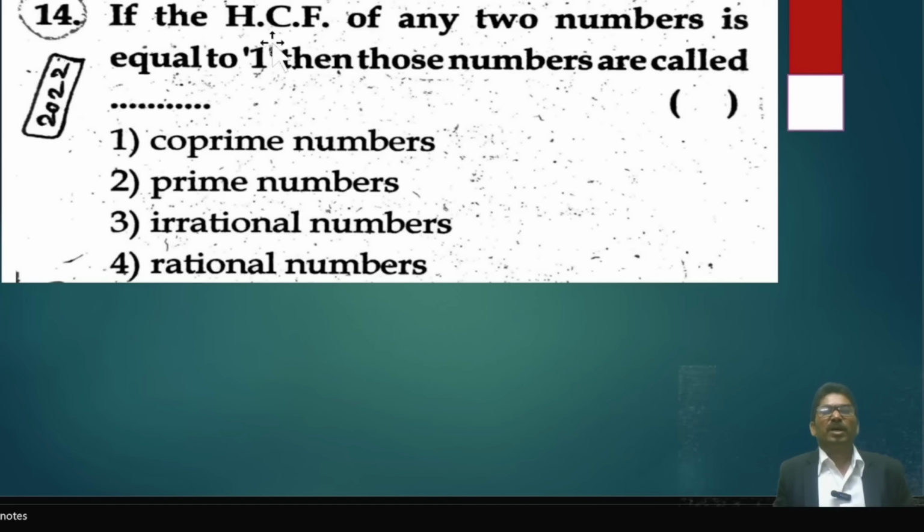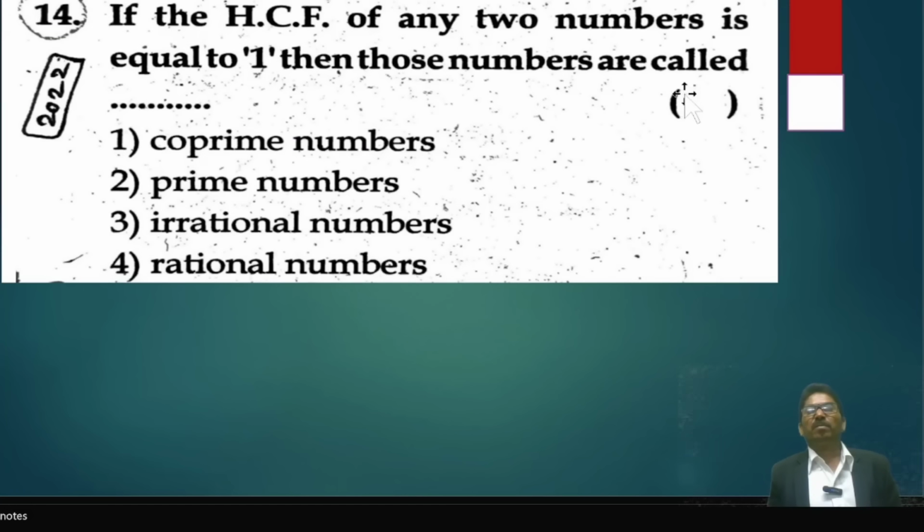Next, 14. If the HCF of any two numbers is equal to 1, then those numbers are called co-prime numbers.